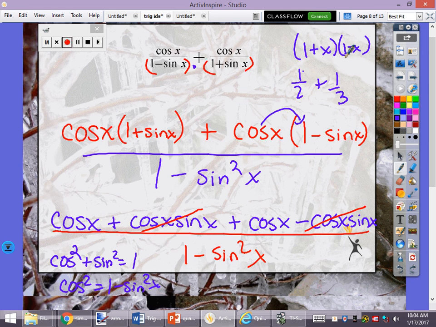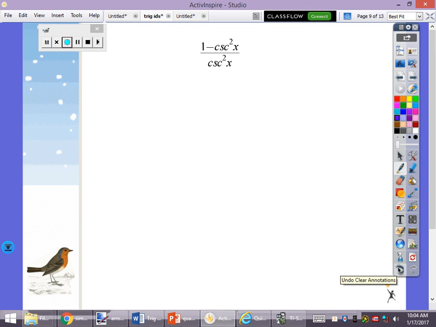All right, moving on. Problem number 3. The first thing I always do is look and see if it's one of the trig identities. If you see a 1, typically it's one of the trig identities. So, does this look like any of the trig identities? Yes, it looks very similar to this one, except this side is flipped.